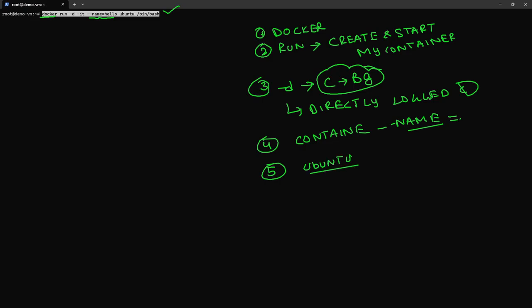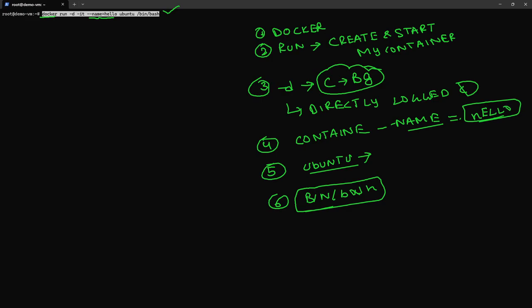I want to create a container named hello, but what would be the image? The image name would be ubuntu. And finally, we have mentioned /bin/bash. That would be the terminal which is going to run after creation of our container.